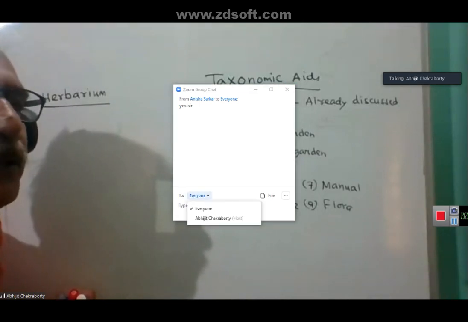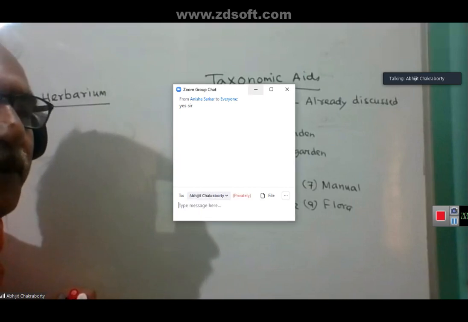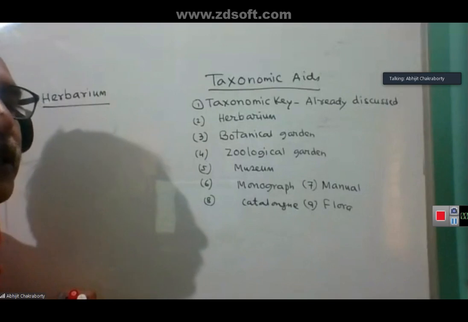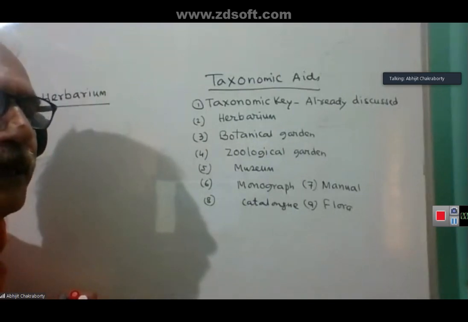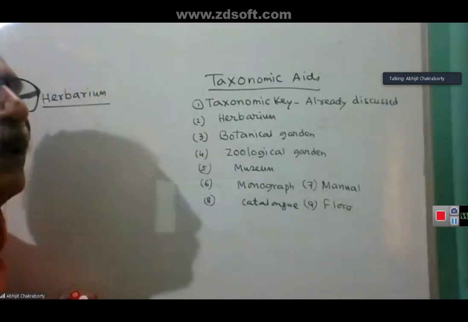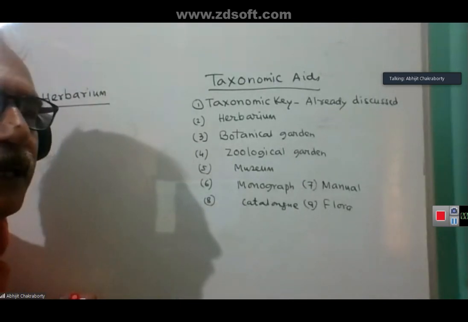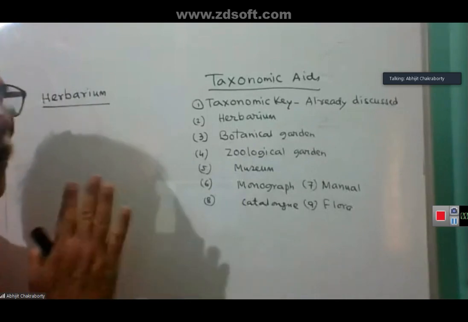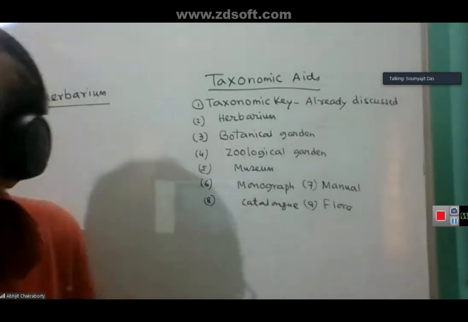And I also have to discuss the 2 kingdom, 3 kingdom, 4 kingdom, and 5 kingdom classification. I also have to discuss Bentham and Hooker's natural system of classification, the Engler and Prantl phylogenetic system of classification, and also the artificial system of classification. It is in the next chapter. Okay, are you getting me now? Okay, sir.